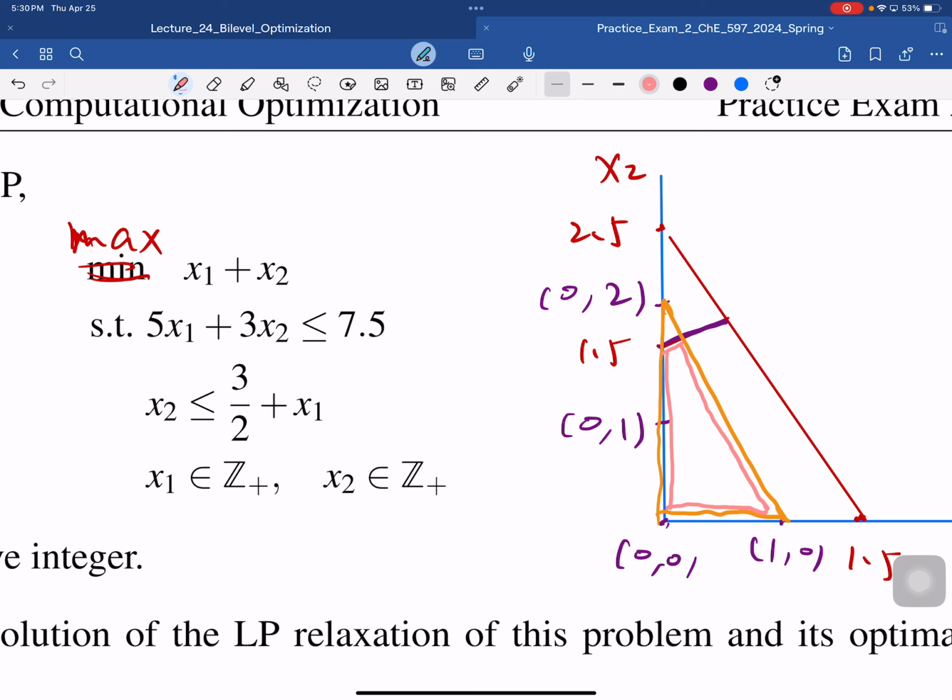If you don't remember that, this is called the primal characterization of Lagrangian relaxation. Any questions here? Okay.